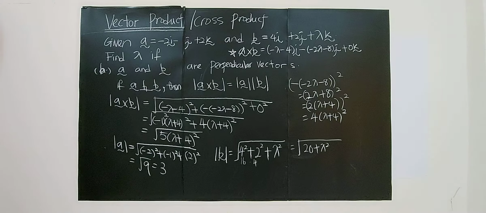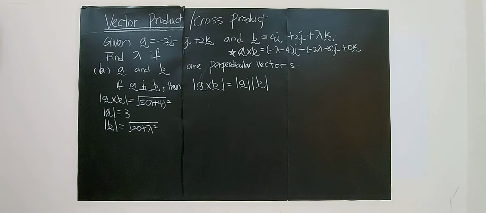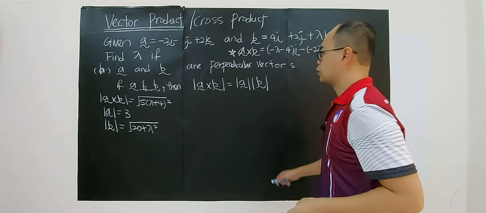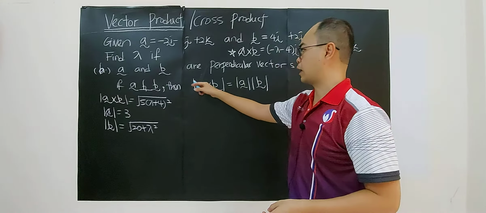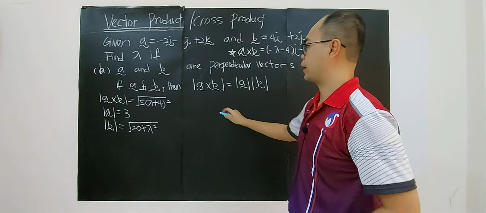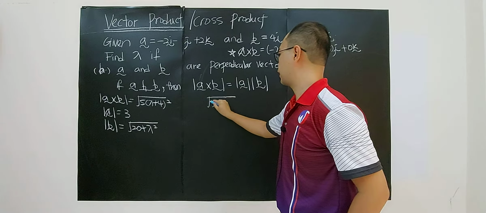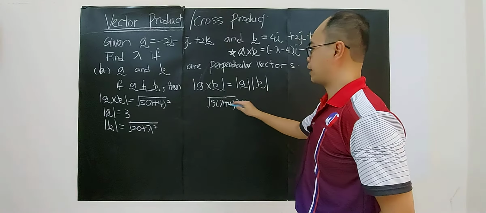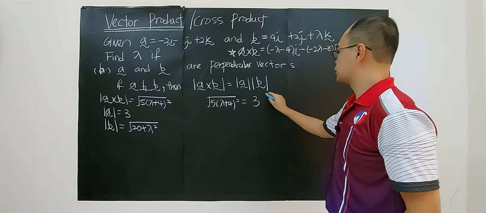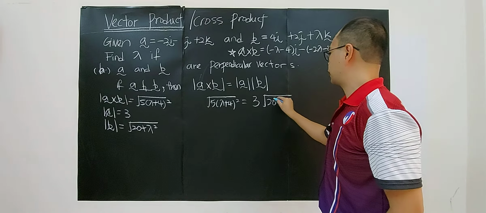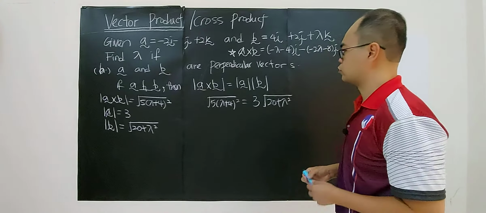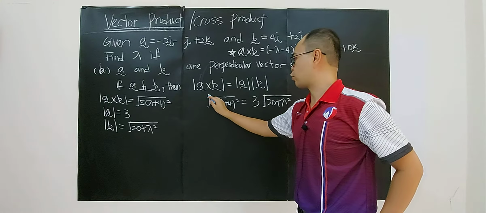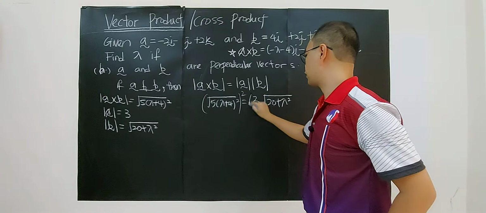Okay, let's calculate. Just now we found our A cross B, the magnitude of A cross B, and the magnitude of A times the magnitude of B. As these two are perpendicular, we can compare. So we have the square root of 5 lambda plus 4 squared is the same as the magnitude of A, 3, times the square root of 20 plus lambda squared. To solve this, since it is a square root, we have to square both sides.